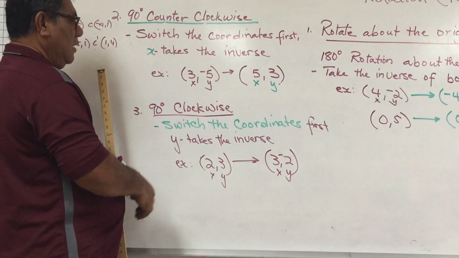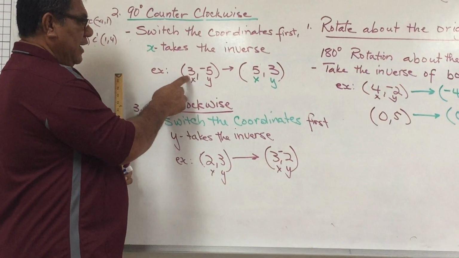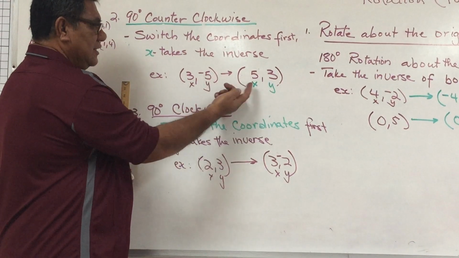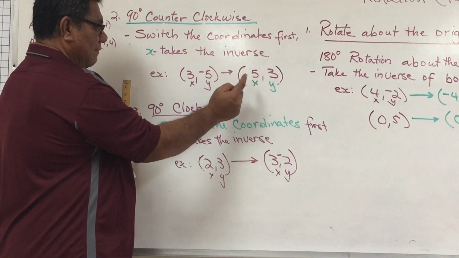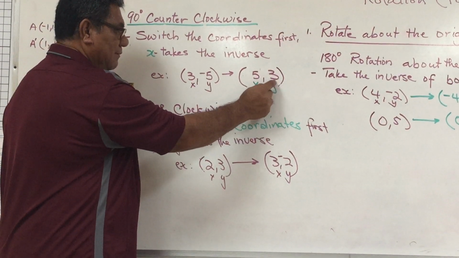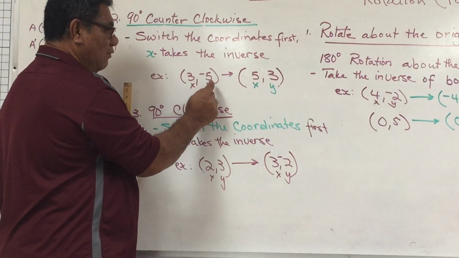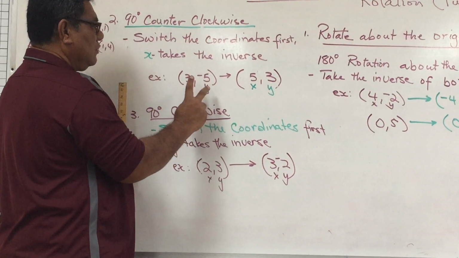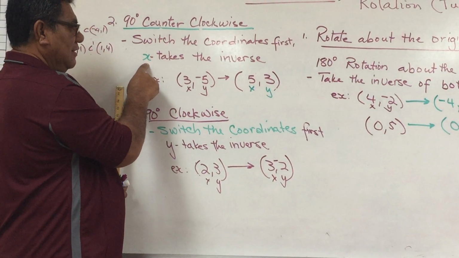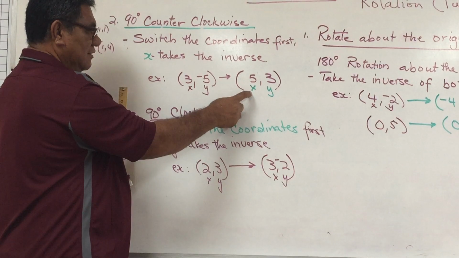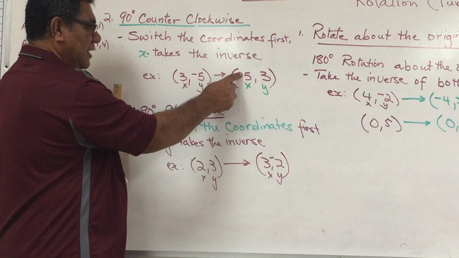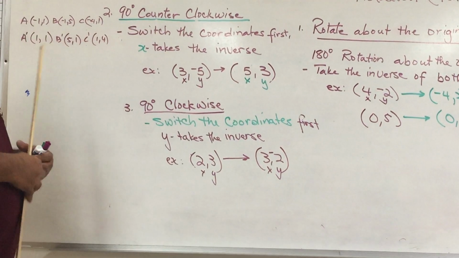For example, 3 and -5. What you do is switch: the 3 was the y, and the -5 becomes the x. And then you have to take the opposite of the x. Since the x is -5, the opposite is now +5.